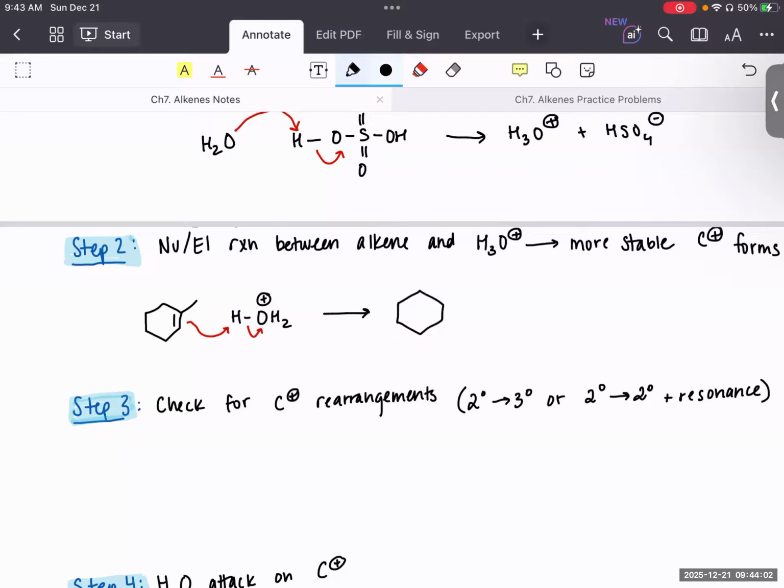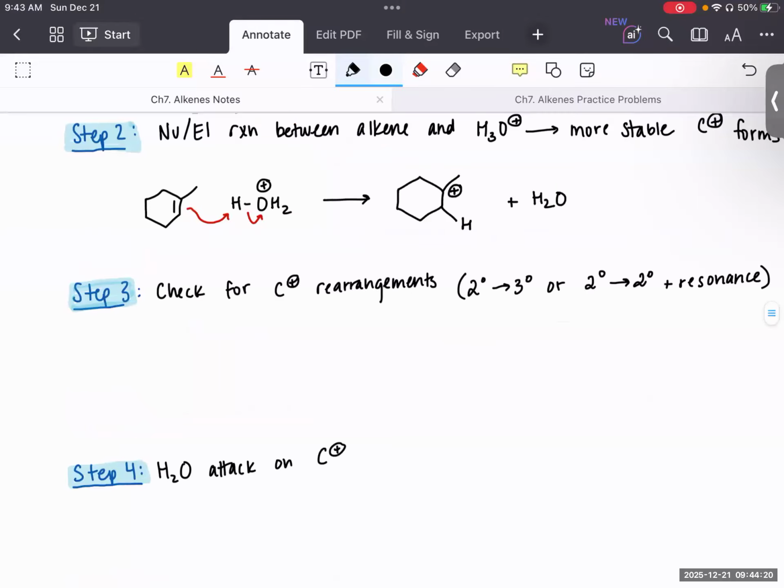And in doing so, we end up adding that hydrogen. And if we recall from the previous video, we want to put the carbocation in the more stable position, which is going to be that tertiary position. And then we also reform water in this step. In the next step, we want to look for rearrangements.